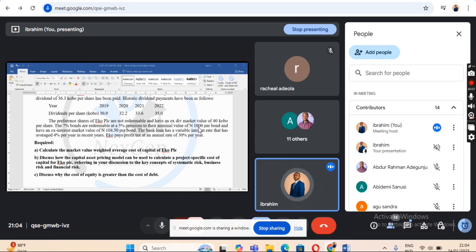If it is a discount of 5%, you will reduce your nominal value by 5%. If it is a premium, you will add 5% to the 1,000 nominal value that you have, class. So your redemption could be at premium, could be at discount, could be at the normal 1,000 or 100. Class, do you understand that analysis? Hello?